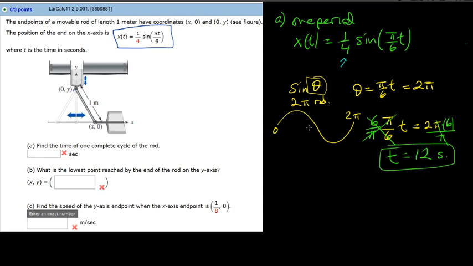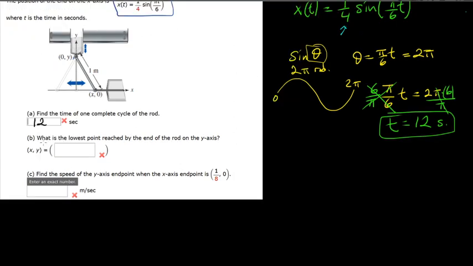So in other words, this rod goes back and forth every 12 seconds. So the time to complete 1 cycle, well, try 12 seconds. I hope that works, because I think that's the answer.